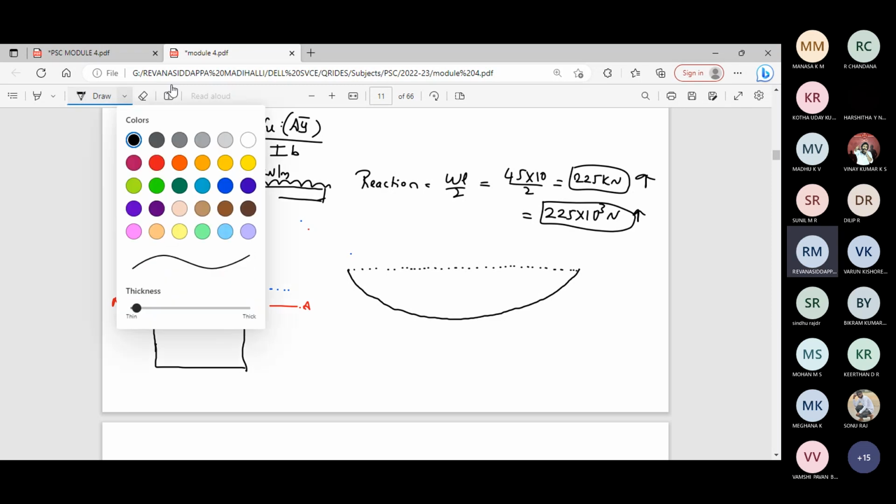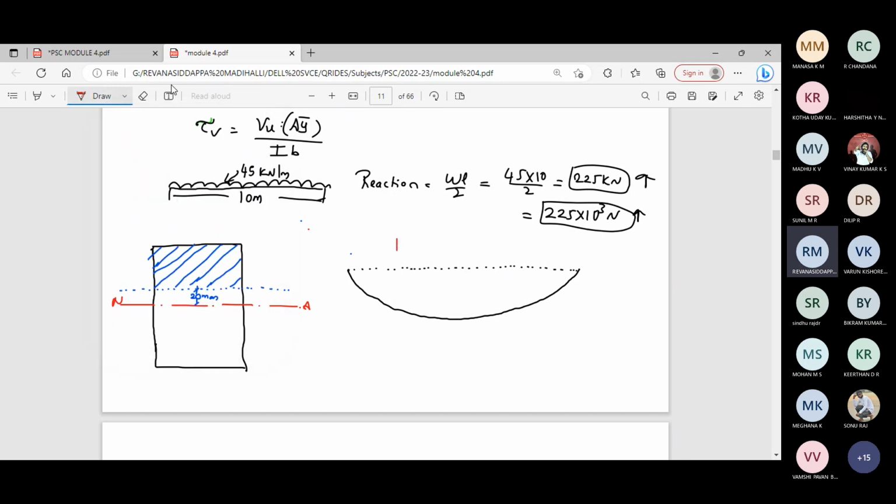It is asked to find the stresses at a distance of 0.6 meter from the left support. You draw a section at a distance of 0.6 meter from the left support.